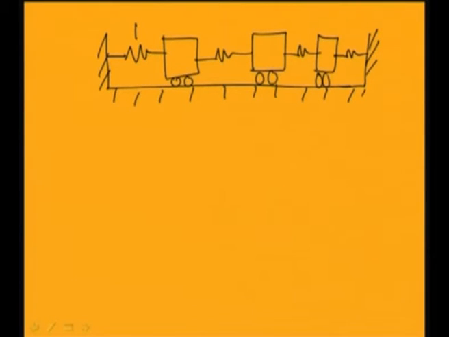Let the spring constants be the same, K, and let the first mass be 2m and the other masses be m and m. Let us find the normal modes of this system.